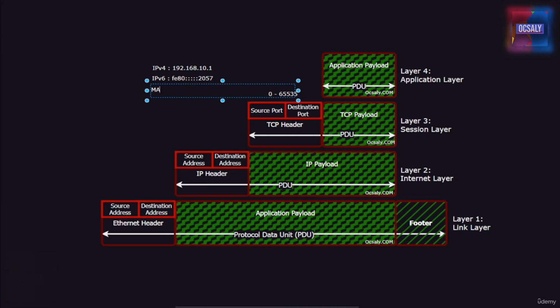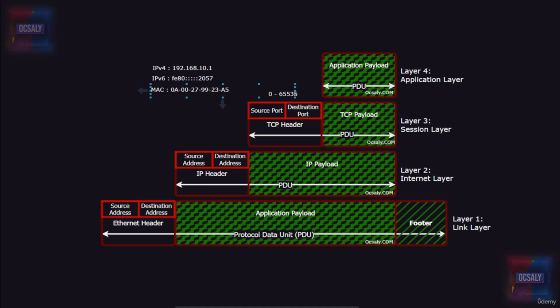For example, 0A, then dash, 28, 99, 3A5. So this is an example media access control address.